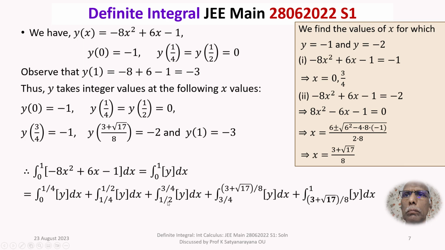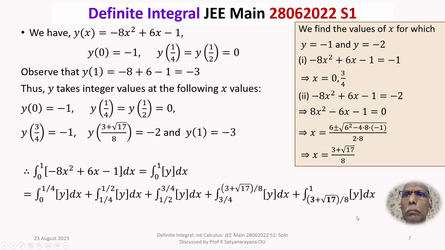And integral 1 by 2 to 3 by 4, and 3 by 4 to 3 plus root 17 by 8, 3 plus root 17 by 8 to 1. So this is what it is partitioned. The interval is partitioned into like this.